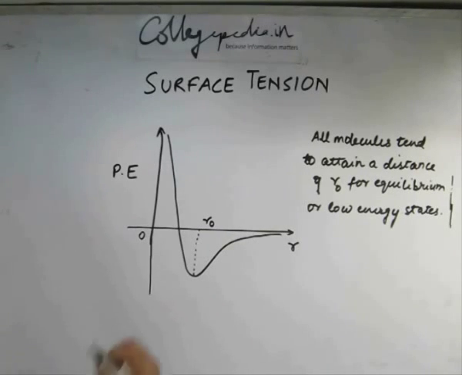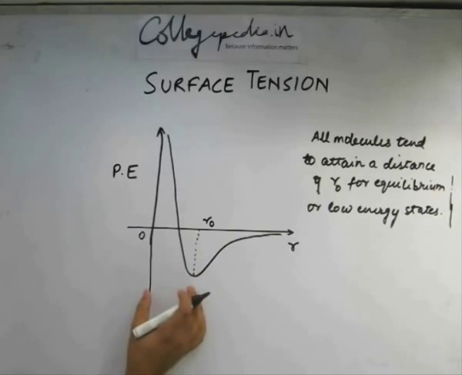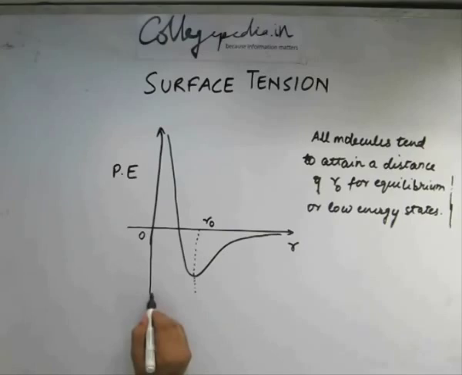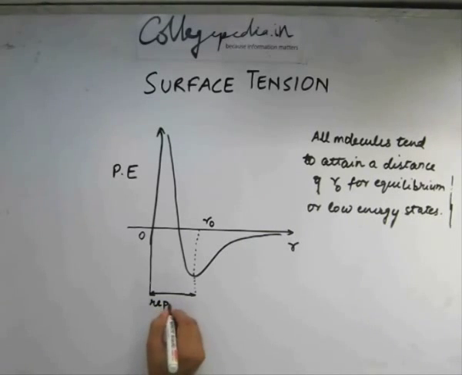So what happens till r0, let's talk about this part of the graph. This part of the graph experimentally shows that there is a net repulsion between two atoms.